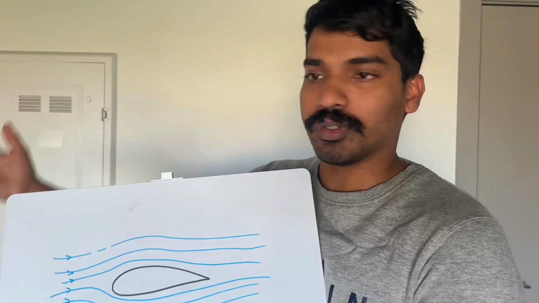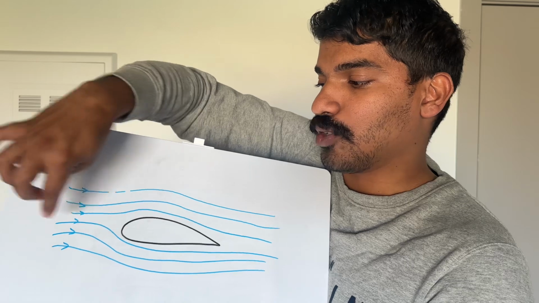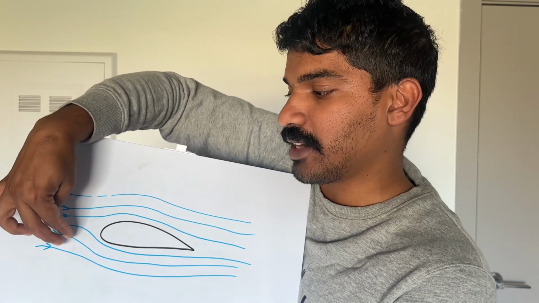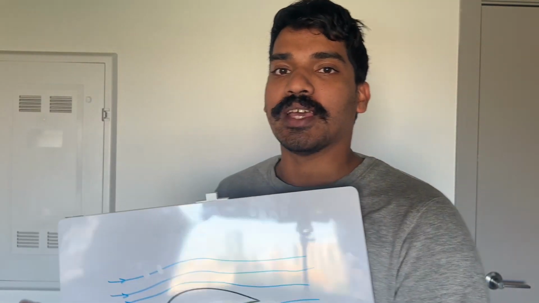Now when these two lines are narrow, or there's less space between them, that means the flow of air is fast. So when two air flows are wide apart, they are slower. When two air flows are narrow, they are fast, right?